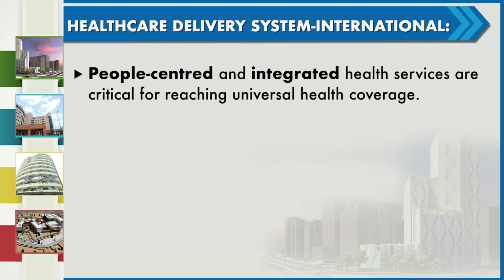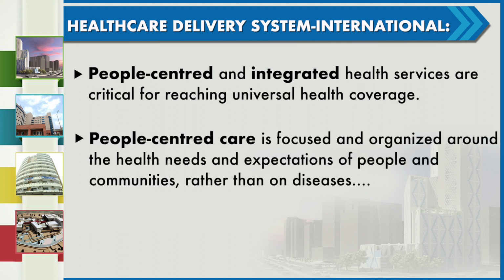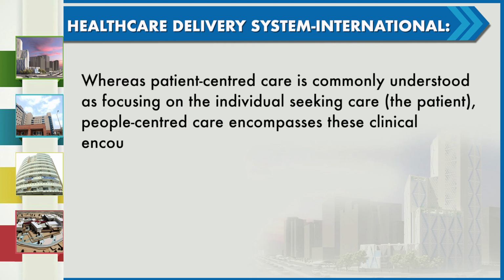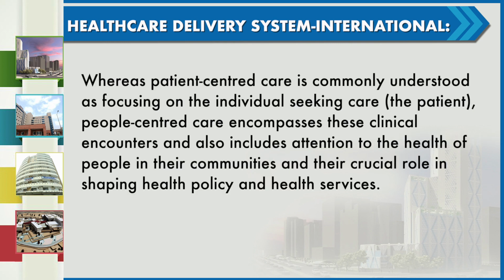So the international healthcare delivery systems are people-centric and integrated with the healthcare services and are critical for reaching universal health coverage. People-centric care is focused and organized around the health needs of the people, and it's not focused on diseases, it is focused on the needs of the people.